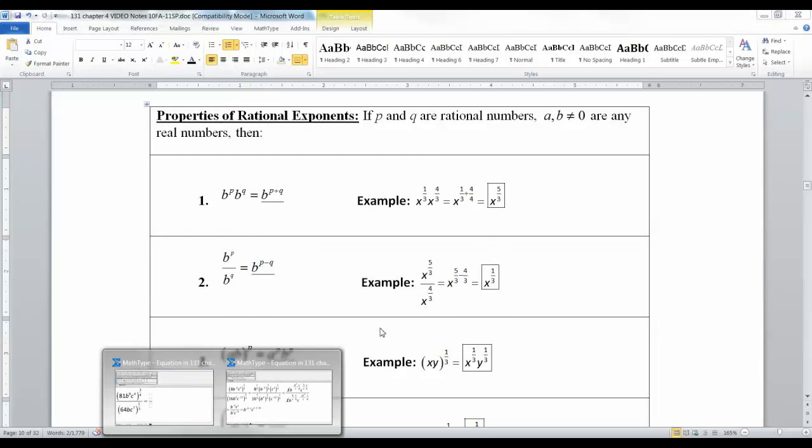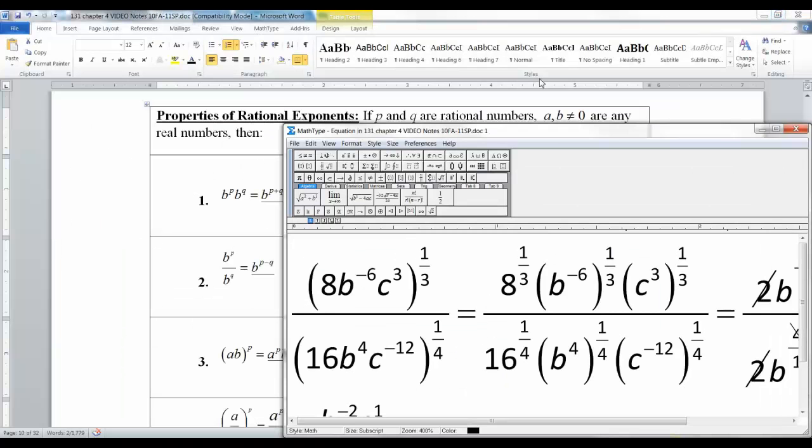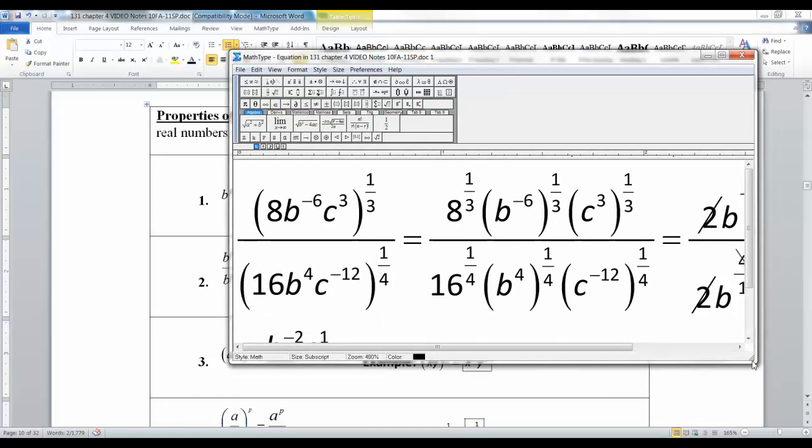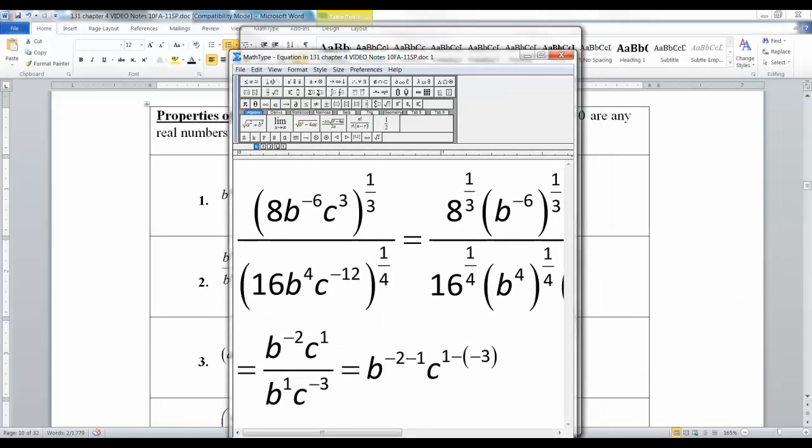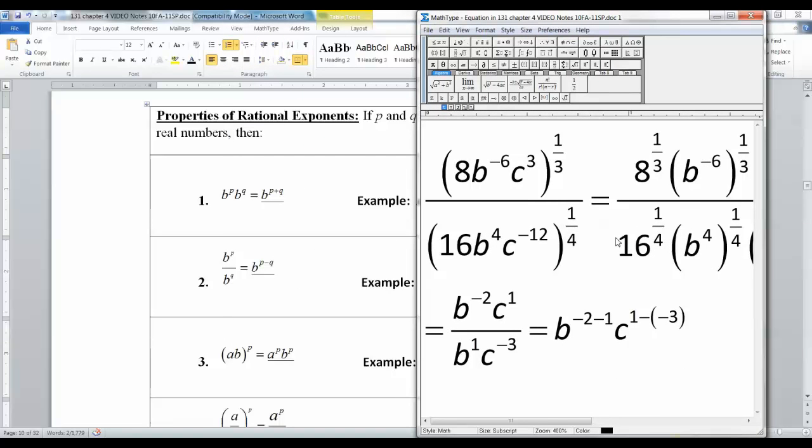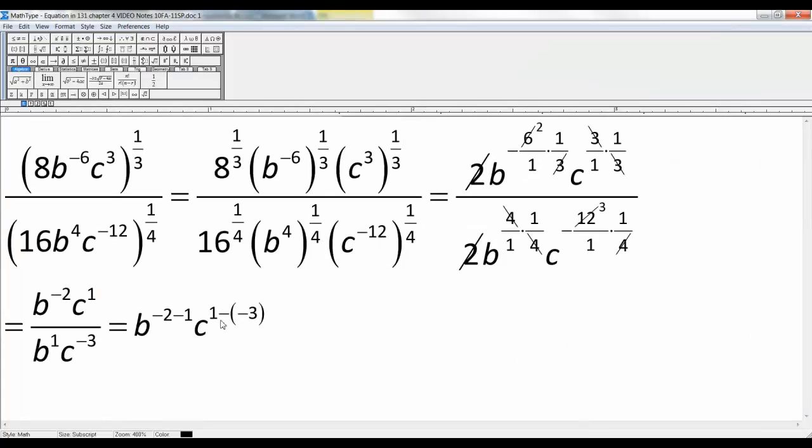If I have b to the negative 2, that's my p, over b to the 1, that's my q, I can do b to the negative 2, take away 1. Same thing with c. C to the 1 minus minus 3. There's always a subtraction in there, and then you put in whatever numbers you've got. So this is equal to b to the negative 3, c to the 4.